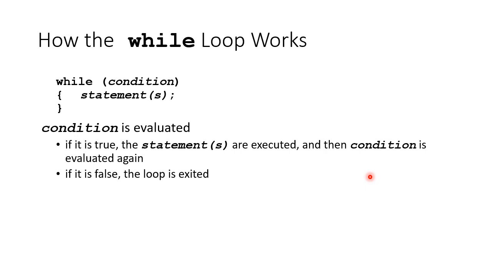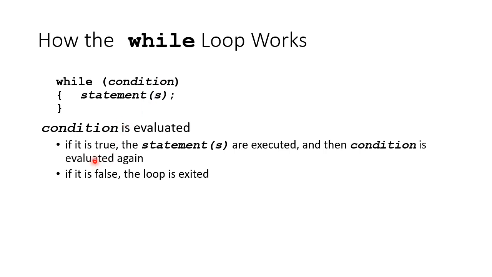How the while loop works. Let's review the format again. You have the word while in small letters, open parenthesis, your condition, close parenthesis, open braces, your statement or statements, and close braces. In a while loop, the condition is evaluated first.